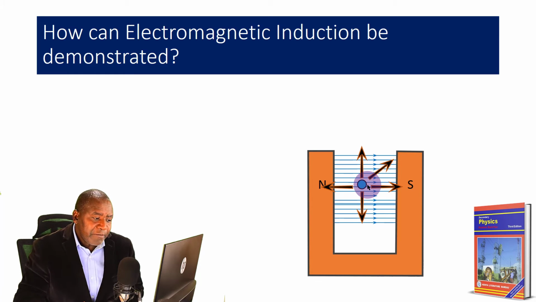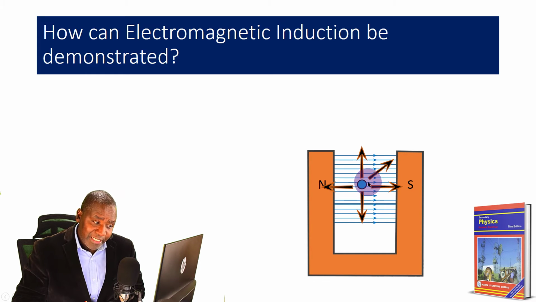For an EMF to be induced in this wire, first of all, there must be relative motion between the conductor and the magnetic field. There must be relative motion between the conductor and the magnet. Relative motion. And that is not enough.